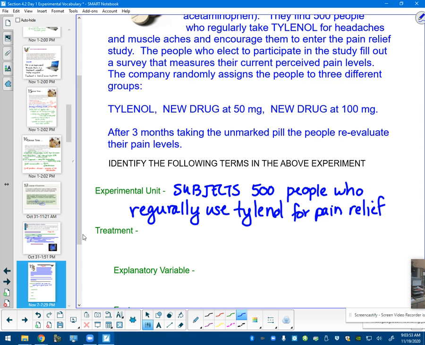What's the treatment? What are they doing to these people as generically as you can possibly state it? The treatment is an unmarked pain relief pill. You could say a pain med in a pill form.